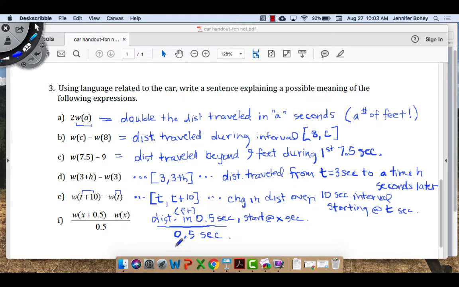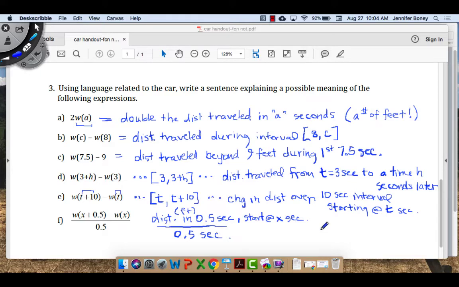So this could mean a lot of things. One of the quantities we're going to be talking about second half of the class is things like this, where if I measure how far was traveled in a small amount of time, this distance divided by time gives me an average speed for that time interval. And since this is half a second, well, it is a race car, so they can change speeds in half a second. If it was you driving on the highway over some random 0.5 second interval of time, your speed probably didn't change very much during that interval, so that'd likely just be what your speedometer said, only probably not in feet per second.